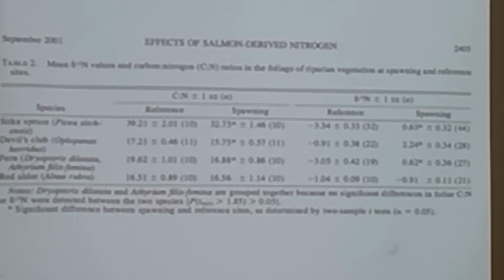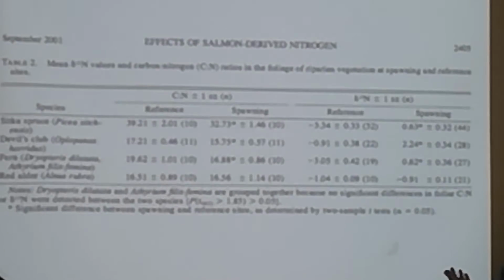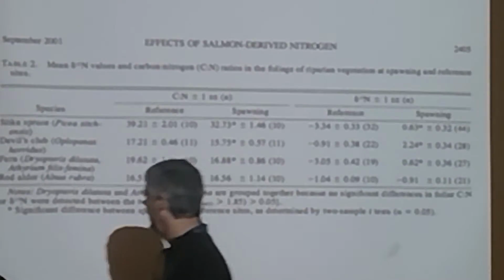All right. So interpret it for me. So where's that nitrogen coming from? It's coming from the fish. So on our spawning streams, a greater fraction of the nitrogen in the foliage is of marine origin. All right. That's our interpretation.